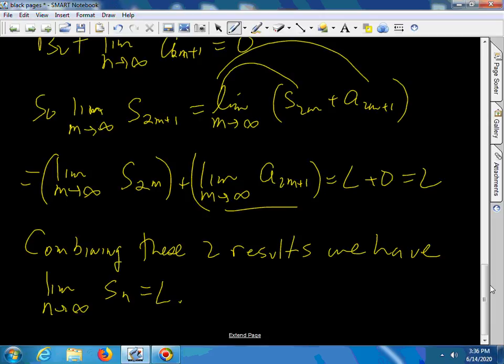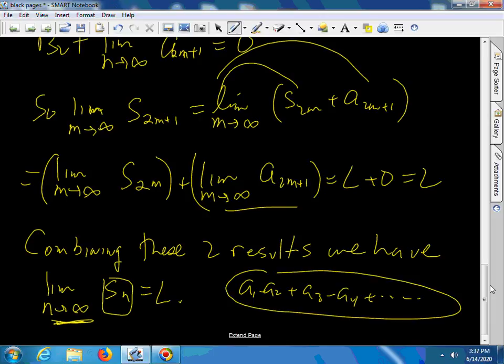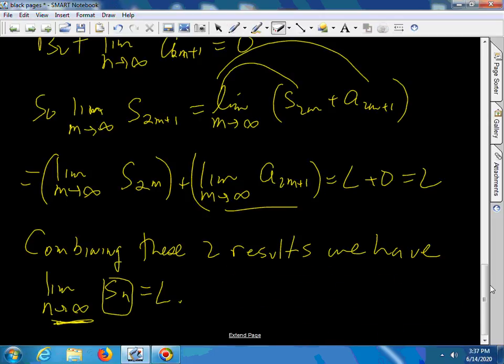And remember, S sub n is a1 minus a2 plus a3 minus a4. And if we push n to infinity, then it's actually all of them. It's actually the summation from 1 to infinity of (-1) to the n plus 1 a sub n. This is going to equal L. And that's all we wanted to show, and we did.